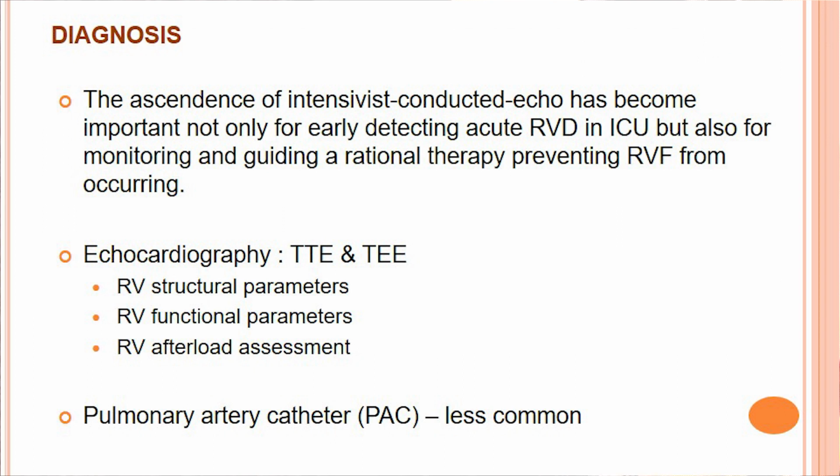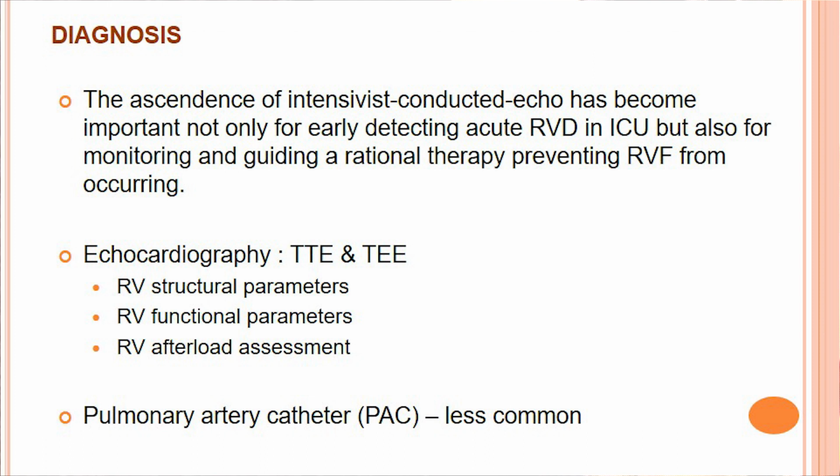So here lies the importance of echo, and now it has become mandatory that each and every intensivist should learn to do bedside echo in the ICU so that we can diagnose such abnormalities early, and if we pick them up early we will be able to treat them in a proper fashion.